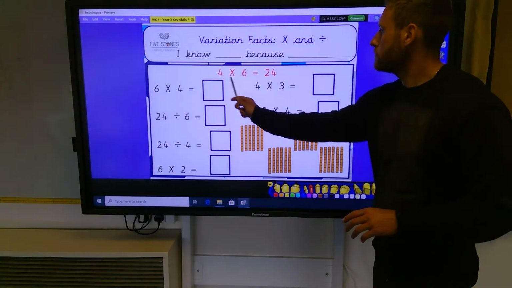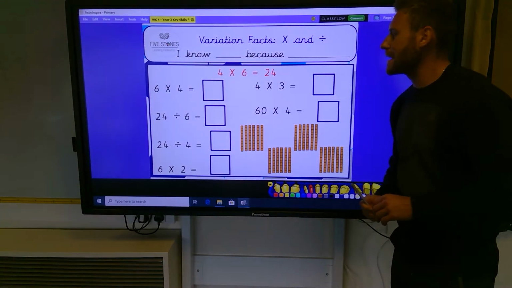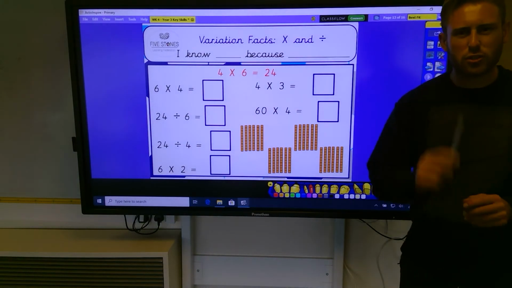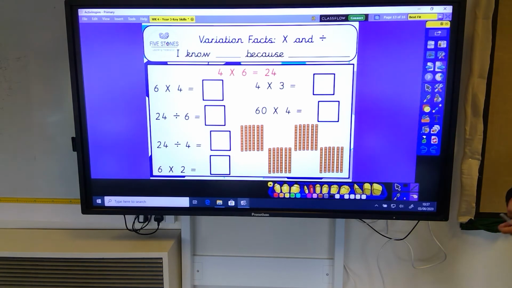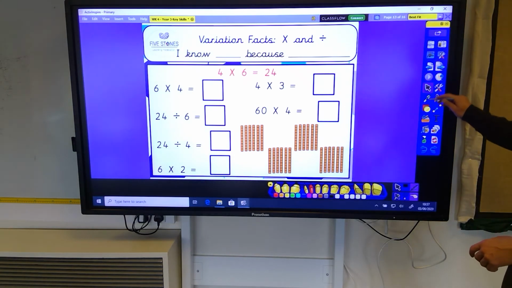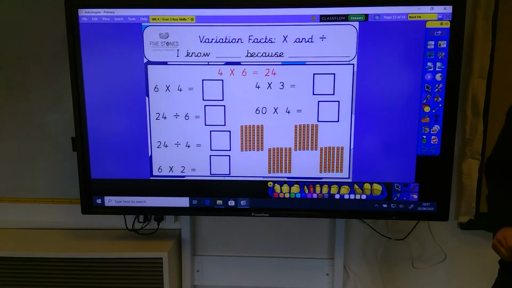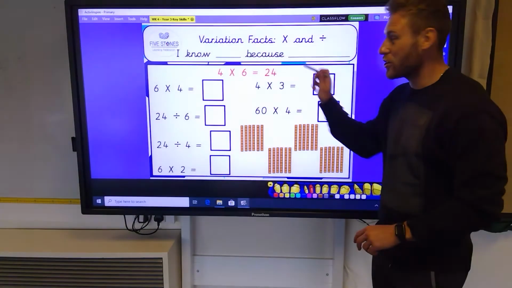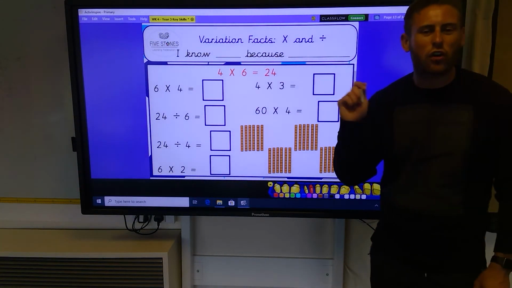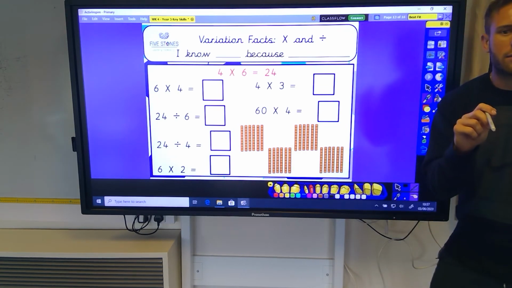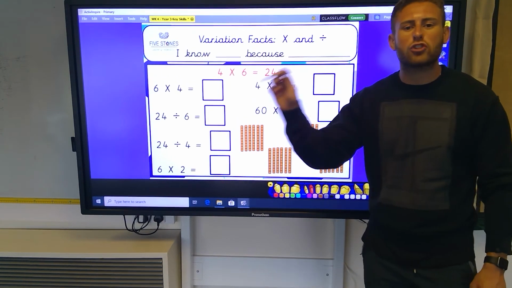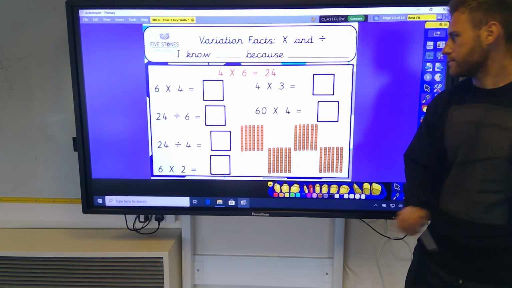So we know that 4 times 6 equals 24. Just double check that that fact is right before we get started. Great, yes, it's right. So we can use this times table fact to solve many other problems. That's why we ask you to remember those times table facts, because they open many doors to other different problems.